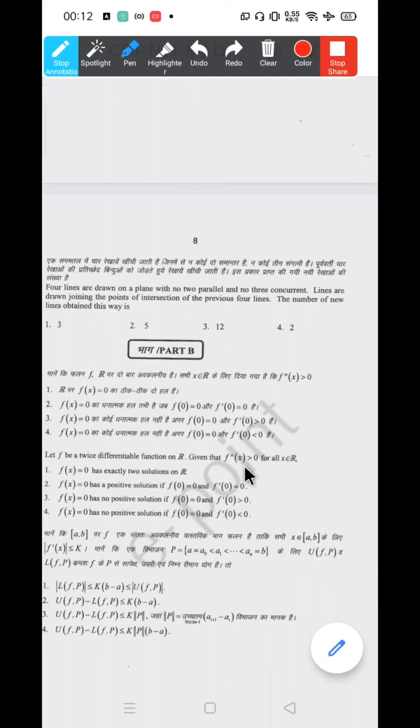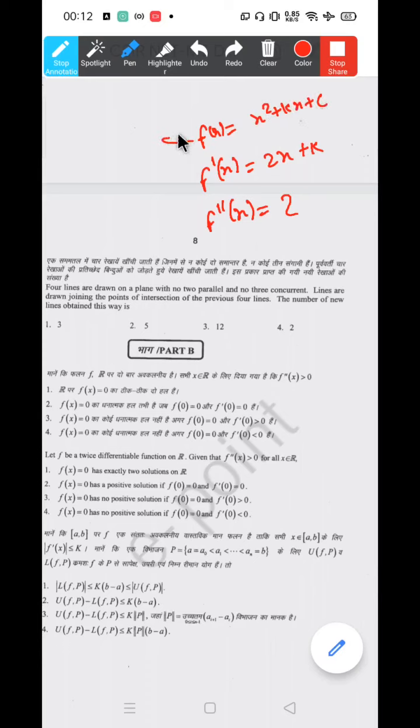Okay, I think we should have an example here. Suppose f double dash of x is 2. So f dash of x will be 2x plus something k, and f of x must be x square plus kx plus c.